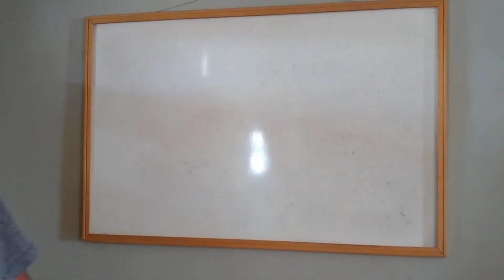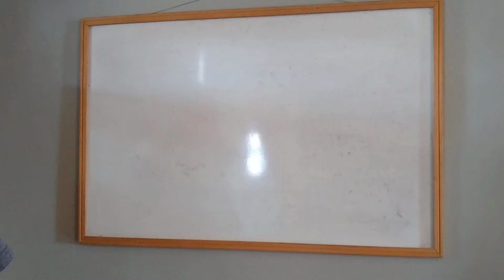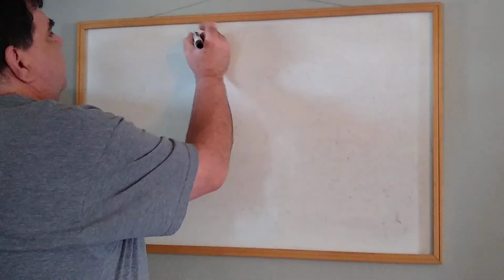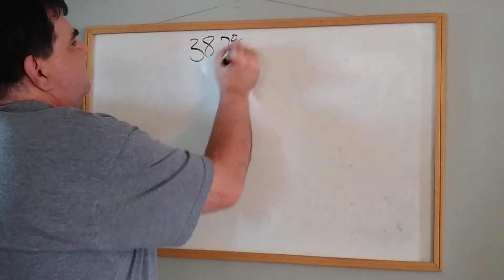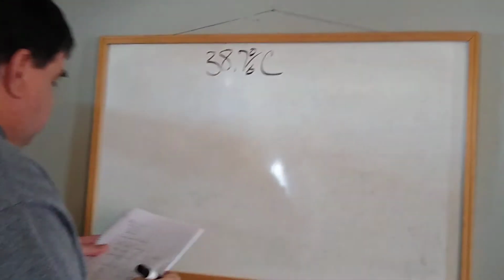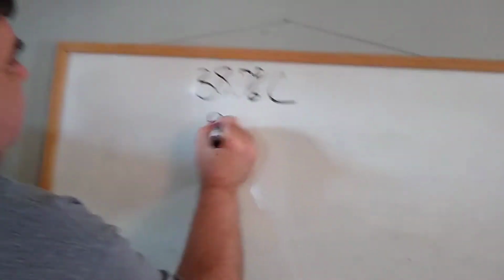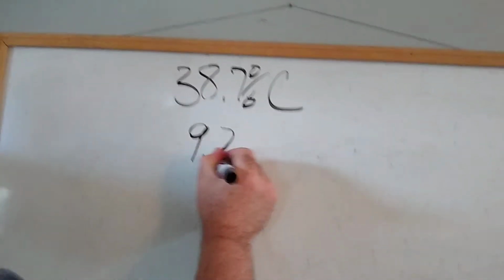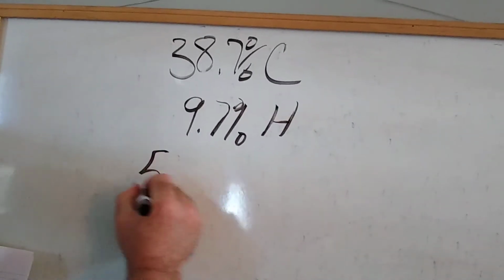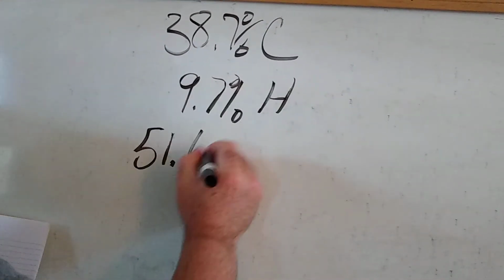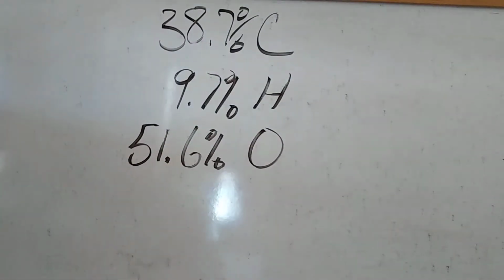In this one, we're going to start off with ethylene glycol, the stuff that's in antifreeze. There is 38.7% carbon, 9.7% hydrogen, and 51.6% oxygen.